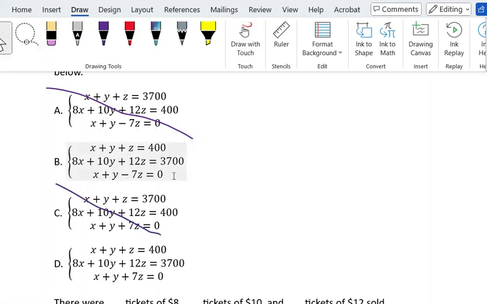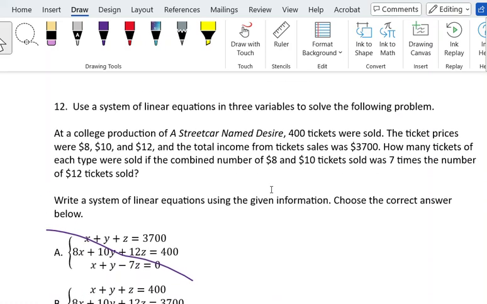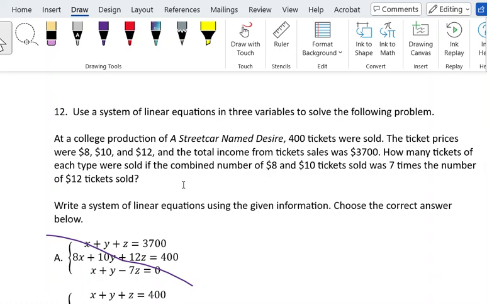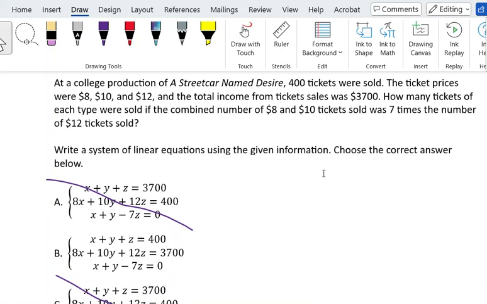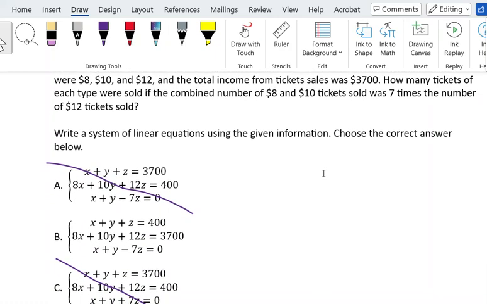So looking at the difference between answer choice B and D, I see that the second equation here is the same. I'm multiplying the number of tickets by the price of each, adding it all together, and that's going to equal $3,700. My final equation comes from this last piece of information. The combined number of $8 and $10 tickets sold was 7 times the number of $12 tickets sold.